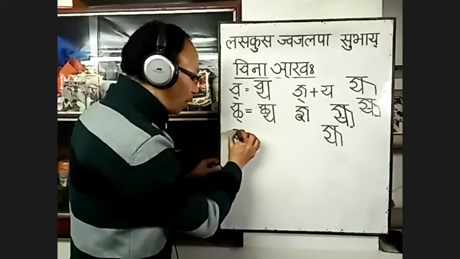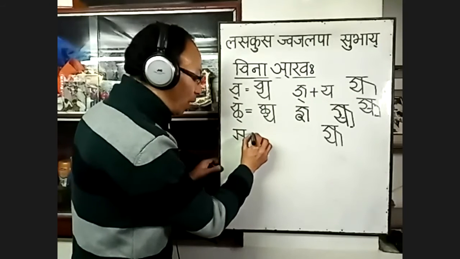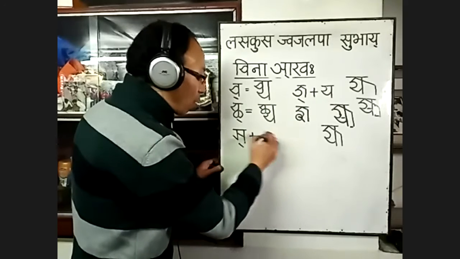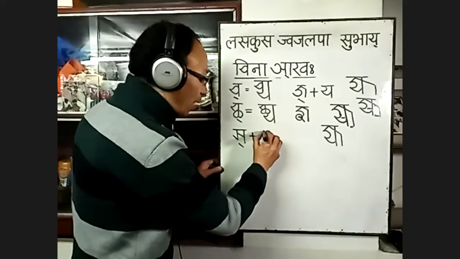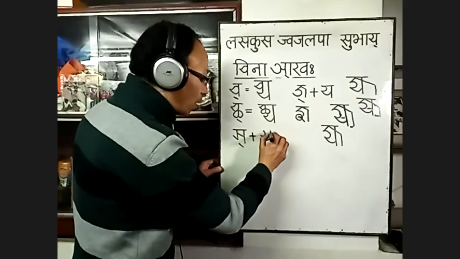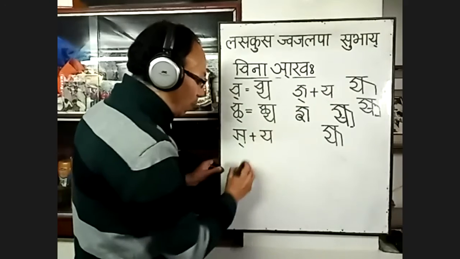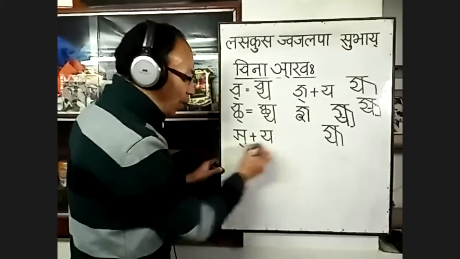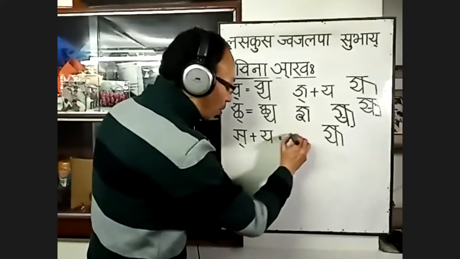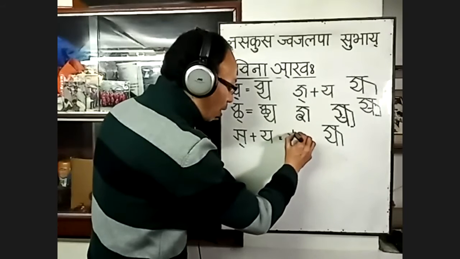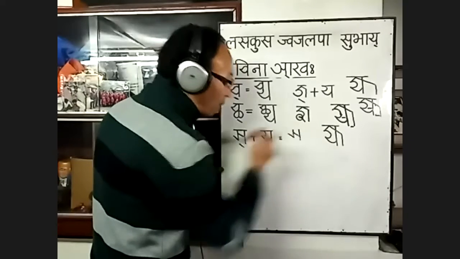It is very similar to the kha, because kha also has two lines touching at the mo. So this is how you write. First you write cha, the small one.